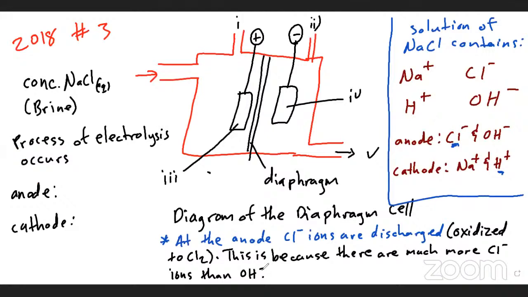All right, so in a concentrated solution of sodium chloride, there are much more chloride ions than hydroxide ions. So that is why chloride ion is going to be discharged at the anode. All right, so just remember that.